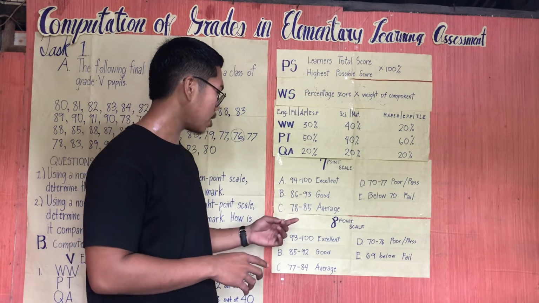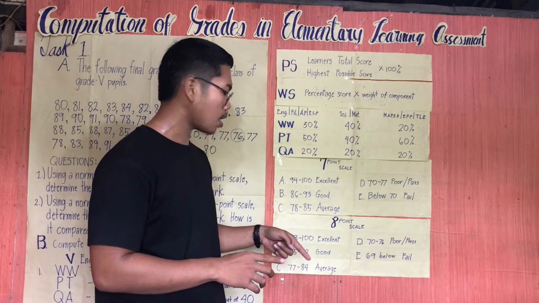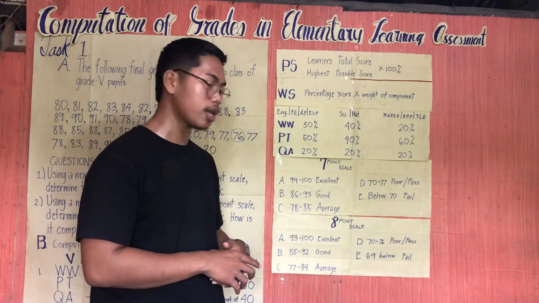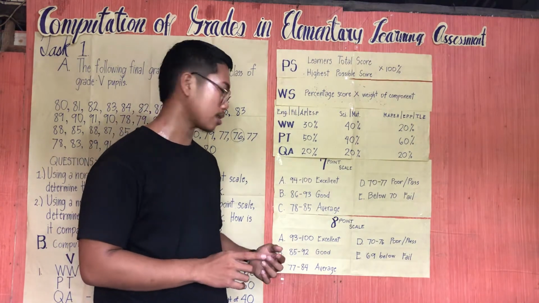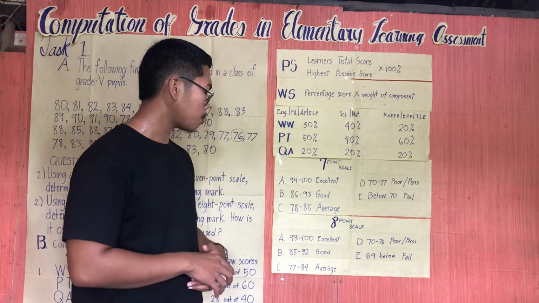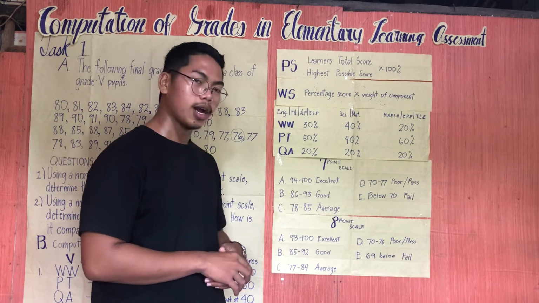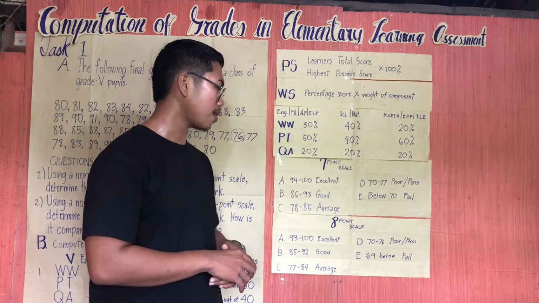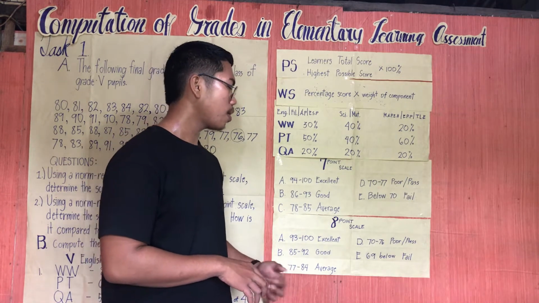It is called an 8-point scale because the gaps are 8 points. A, 93 to 100, is excellent. B, 85 to 92, good. C, 77 to 84, average. D, 70 to 76, poor or pass. And E, 69 and below, fail.